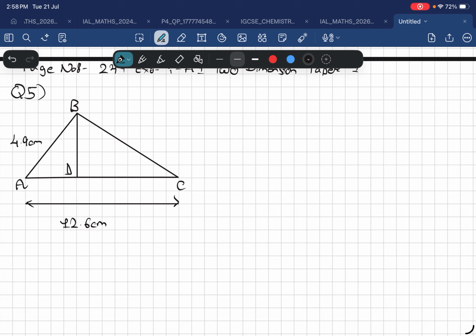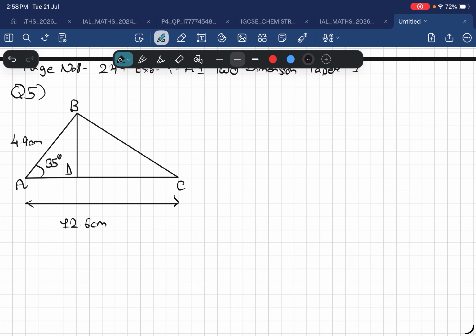Consider the angle in the middle. BAD or DAB, they're the same thing, and the angle is given as 35 degree.